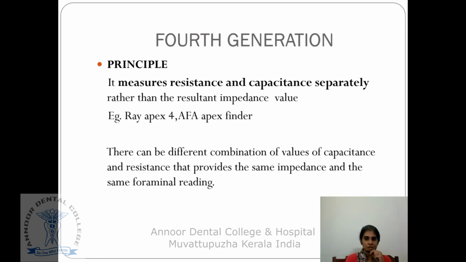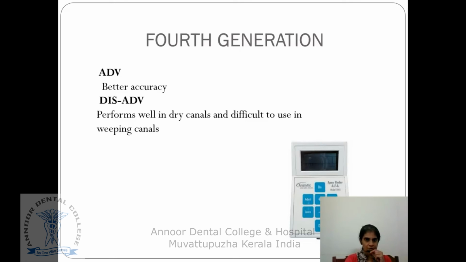So there can be different combination values of capacitance and resistance that provide the same impedance and the same foraminal reading. An example of this type is the AFA Apex Finder. The advantage is that it has better accuracy. Disadvantages, they tend to perform better in dry canals, and generally with all Apex Locators, it is better to go in for a dry canal.